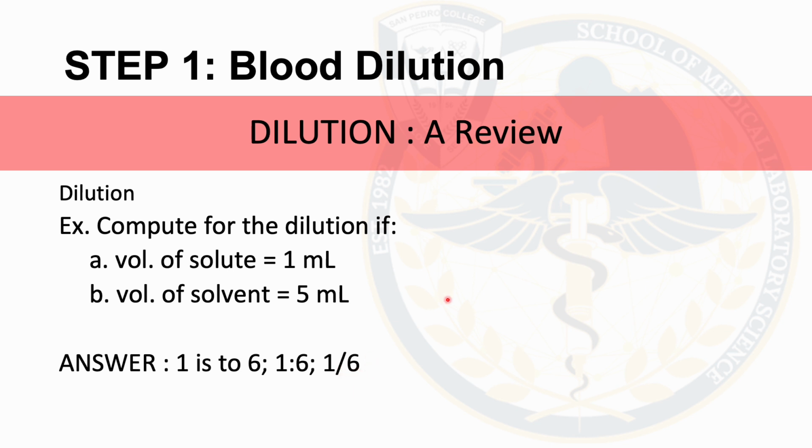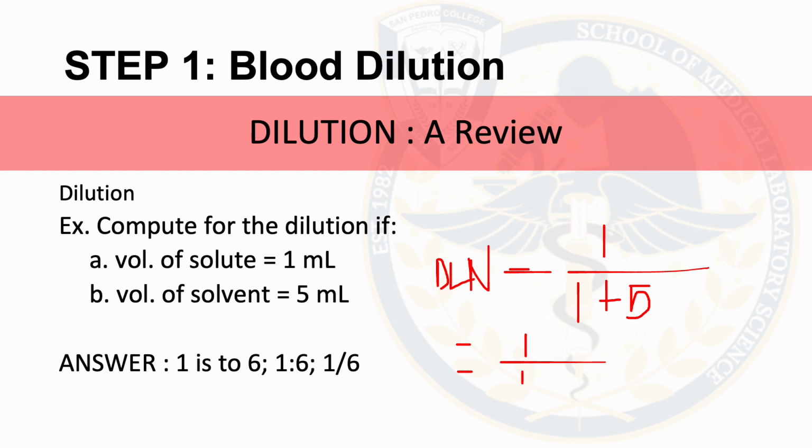They are the same. So what did we do again? Dilution is equal to 1 ml over 1 plus 5. Okay? So in this case, your dilution would be 1:6.